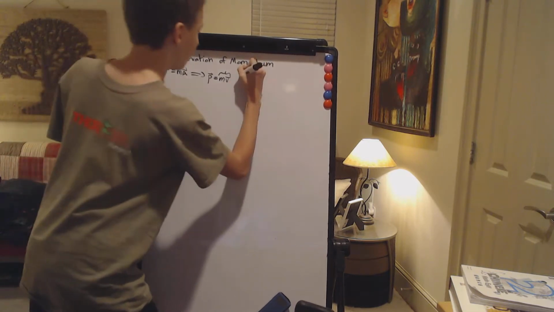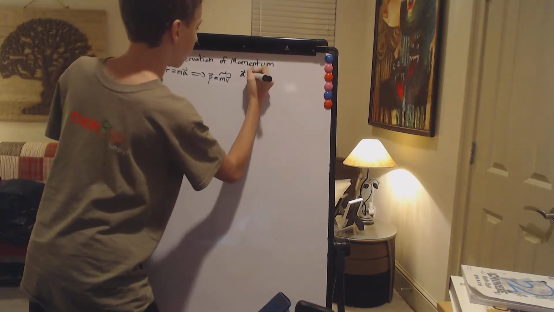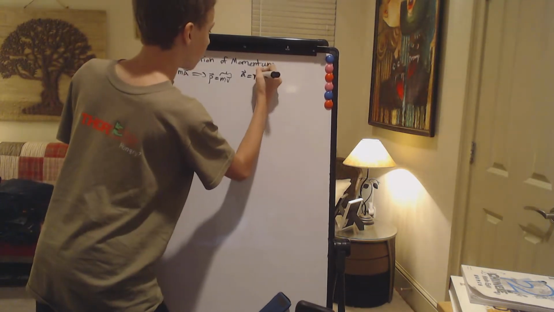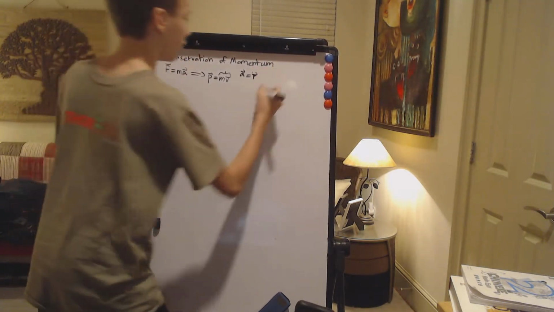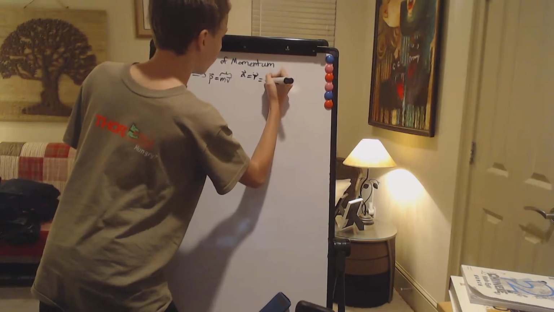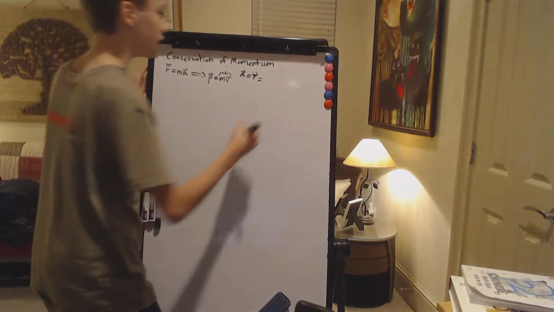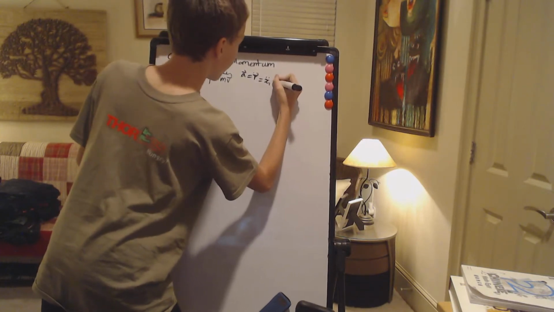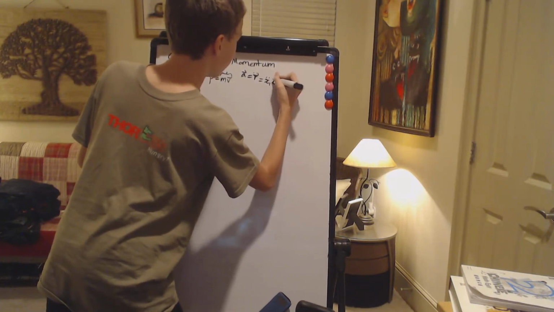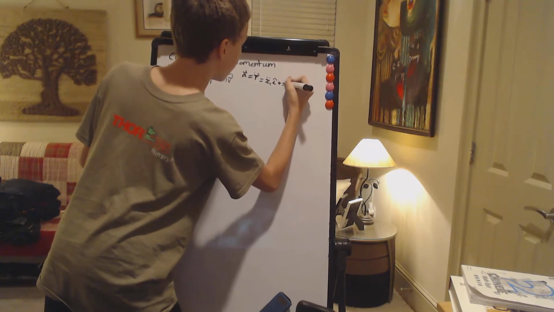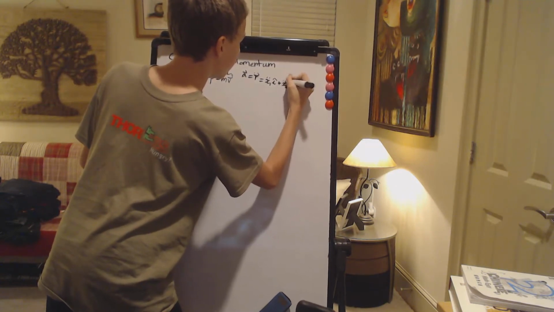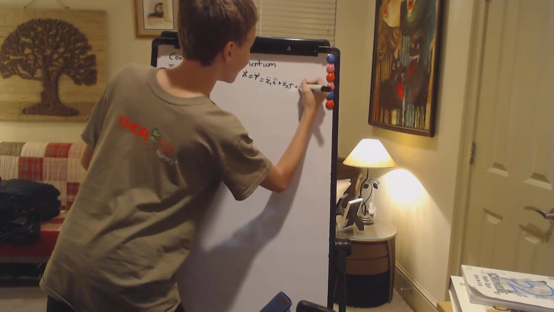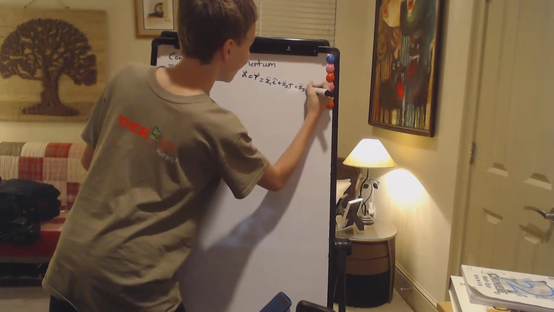a is by definition the second derivative of our position function, and this is nothing but, we'll let the components be x1 i hat plus x2 j hat plus x3 k hat.